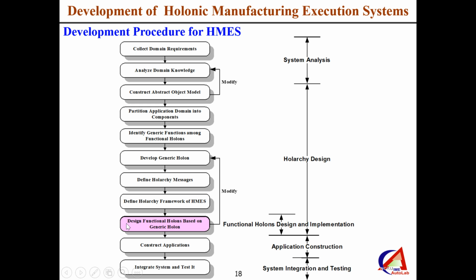So each module has its own interface messages, and for each module you need to know their specific functions, and then you can design it based on the generic holon, because the generic holon has already given you the basic functions.